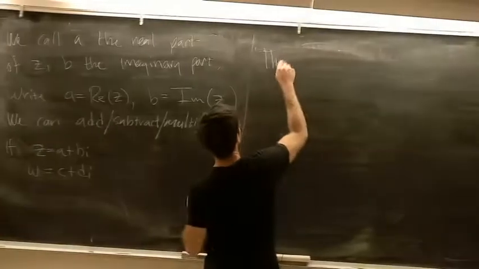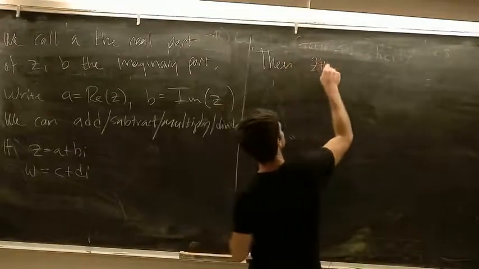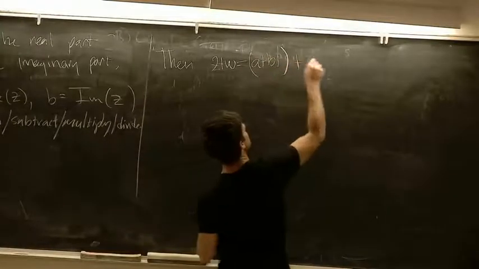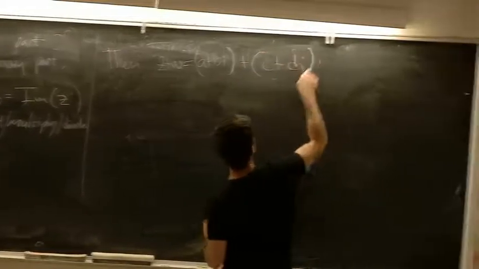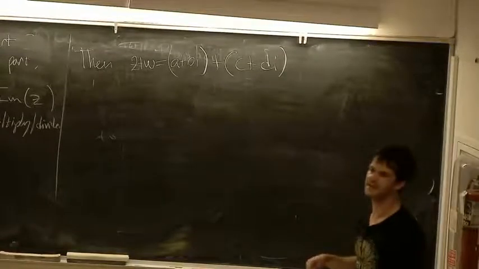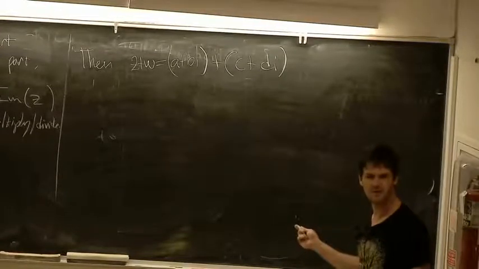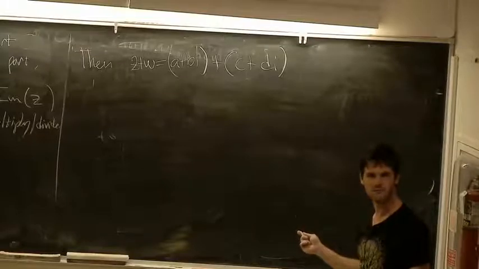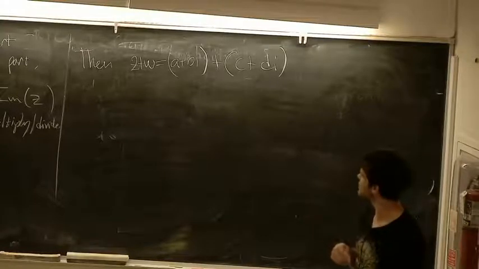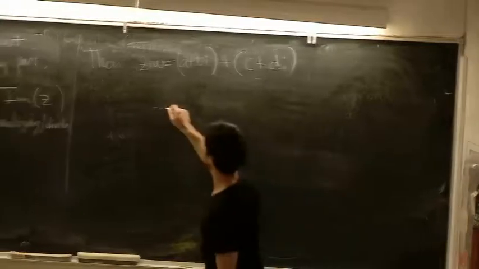I don't know, some people say it's a definition. I think it kind of just follows from what we already know about the structure of the real number system. So z plus w is a plus bi plus c plus di.